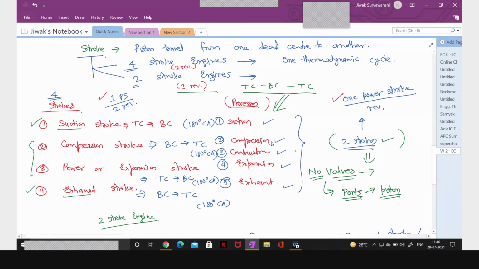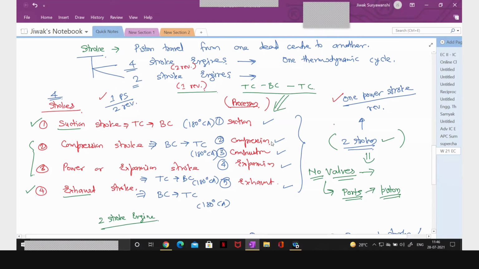As a mechanical engineer, you are getting a benefit. Moreover, the mechanism is simple. You have eliminated the valve actuation mechanism. That means you have reduced the cost and reduced the friction. So all those things are there. But then why have we moved from two-stroke to four-stroke?